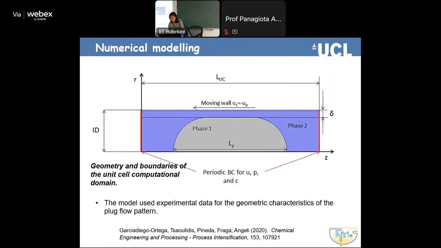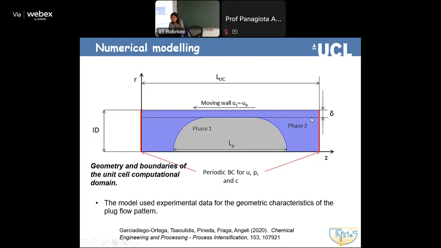What I wanted to show you now is something where we try to dig a little bit more into this mass transfer coefficient. So we combined these experiments with some modeling. You are going to look at some CFD modeling. Some of you are doing some CFD modeling. You can do a lot of modeling in these systems.